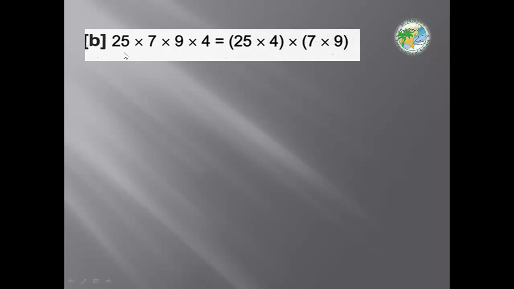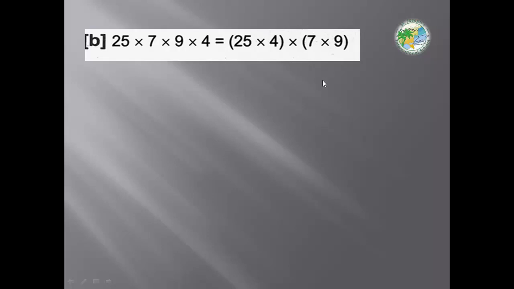The second question, 25 times 7 times 9 times 4. As I said in the last lesson, we can use the two properties together, the associative property and the commutative property, in the same steps. Here we can change the place of the numbers, from the golden times table, 4 times 25 together. So we wrote 25 times 4 times 7 times 9, so we changed the place of the numbers. Then we write a bracket between two numbers, 25 times 4 and 7 times 9.